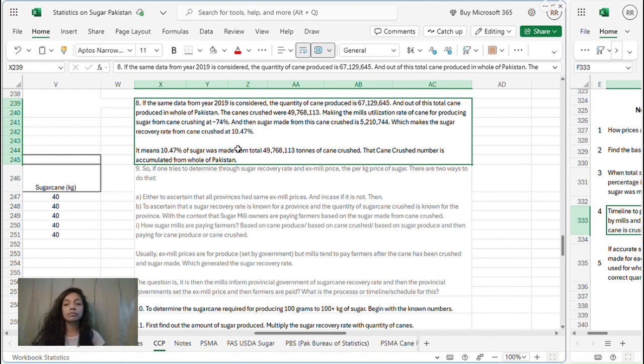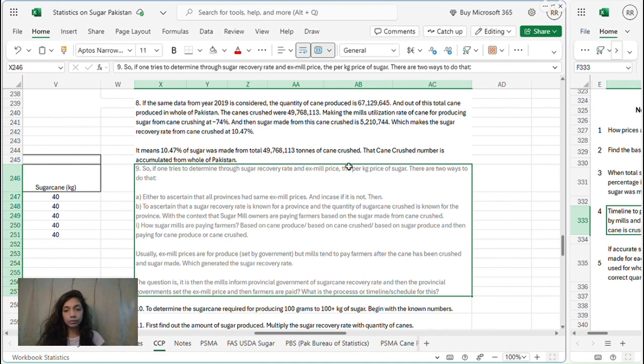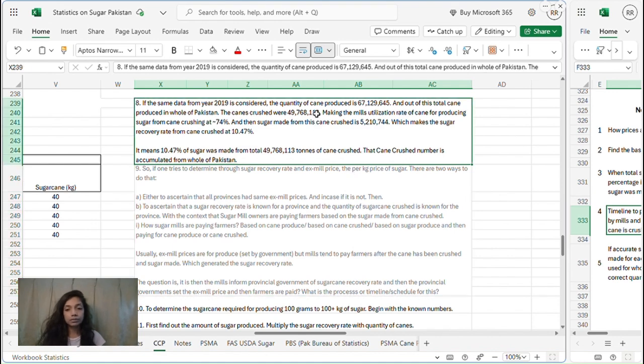That 11% is the sugar recovery rate from the total crush, which will actually be 100% with reference, because the cane crushed number and the sugarcane produced numbers will become equal. But even then, the reference will go to the point of crushing the cane, not to the production, even though they have become the same.